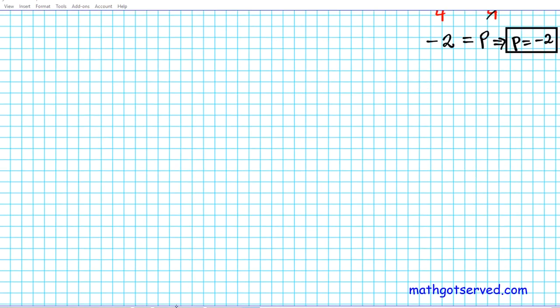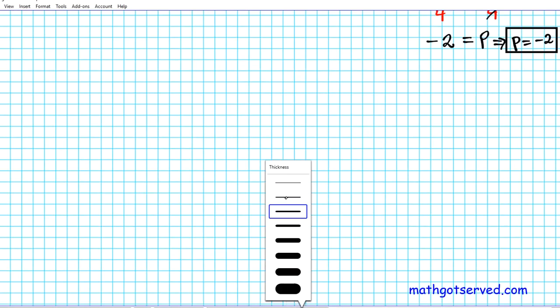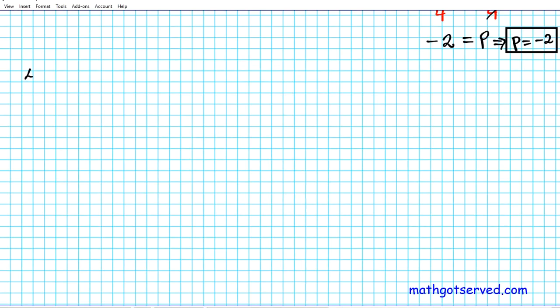All right, let's take a look at 2 more examples. Now for the next one, let's look at situation number 4. Let's say we're to solve the equation 3 minus 5 times the quantity 2 plus v equals negative 3v minus 3. Okay, let's go ahead and solve that.